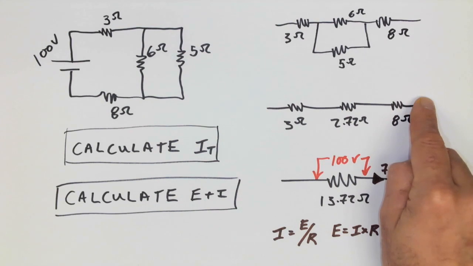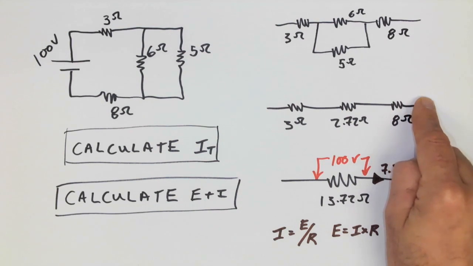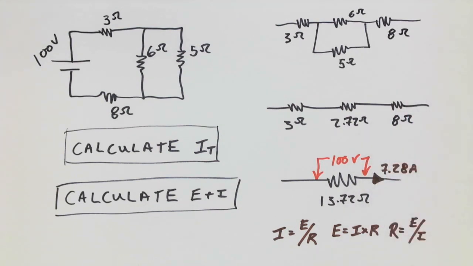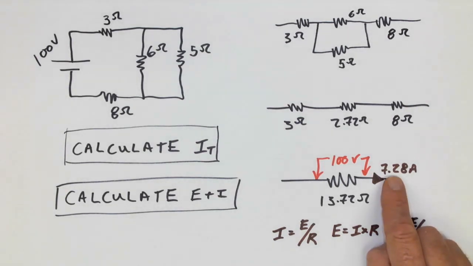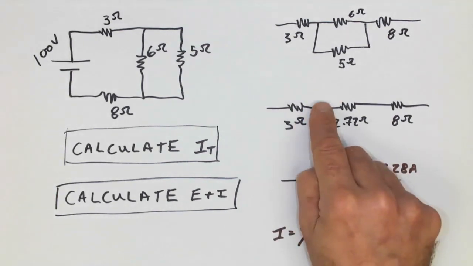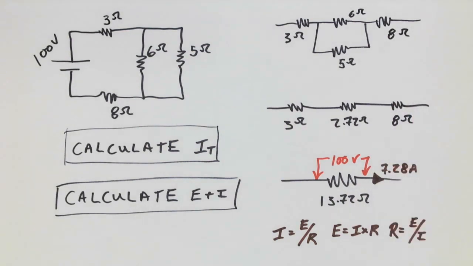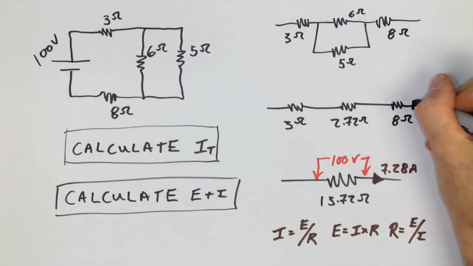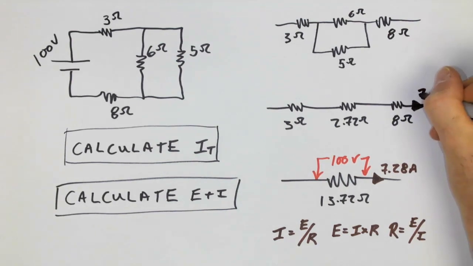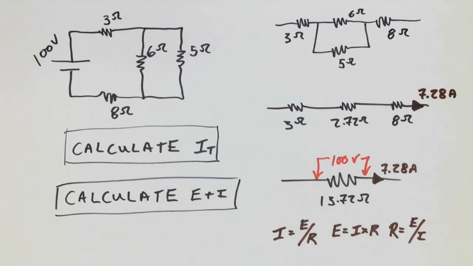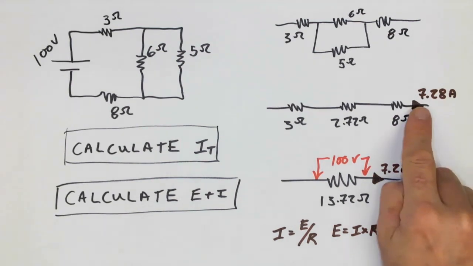Although that would be true, it's not really functional or helpful for me to transfer it. However, the current of 7.28 amps should be the same here, here, here, and here. And to make this process a little bit cleaner, I'm only going to place it in one spot, 7.28 amps.